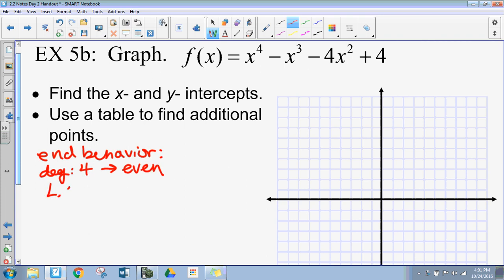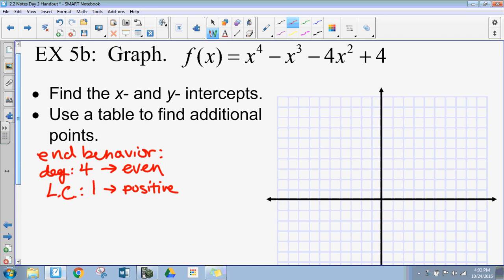And then our leading coefficient is what's in front of the x to the 4th, which is 1, which is positive. So remember, I care about whether the degree is even or odd, and I care about whether the leading coefficient is positive or negative. Okay, not odd or even. So be careful with that.